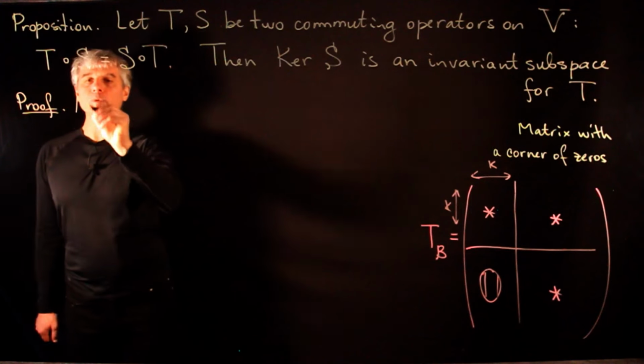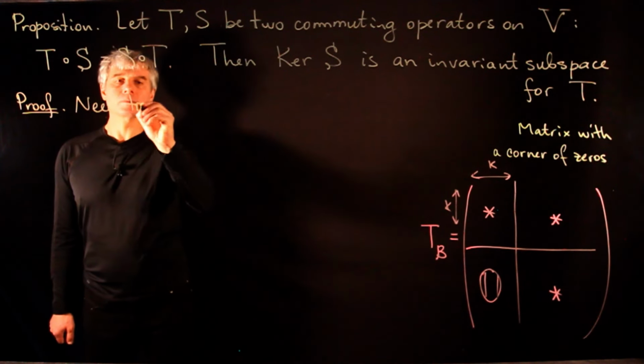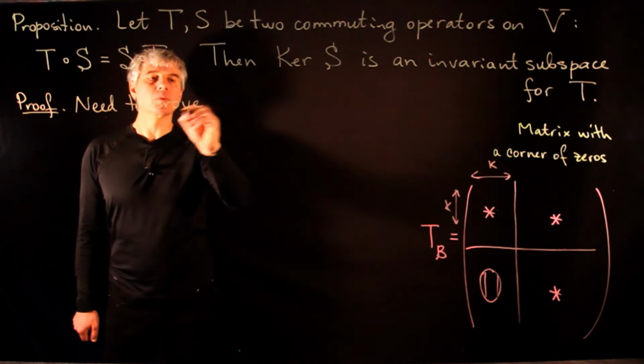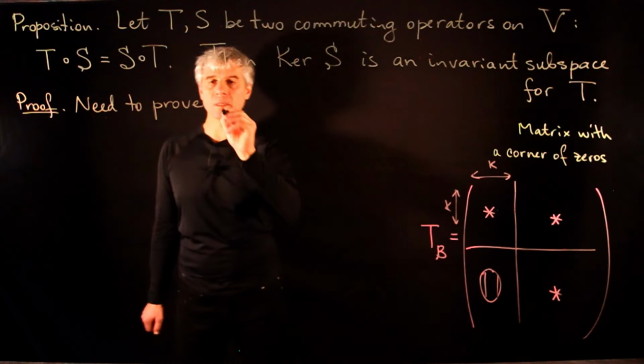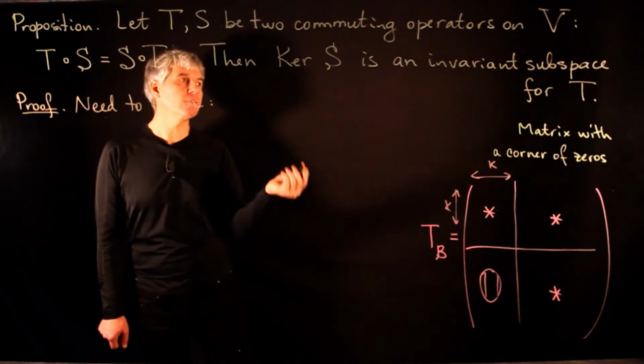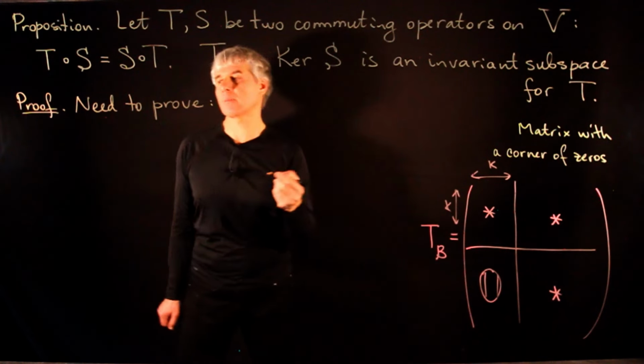So what do we need to prove? We need to prove that the kernel of S is an invariant subspace for T. What does it mean? We apply the definition of an invariant subspace.